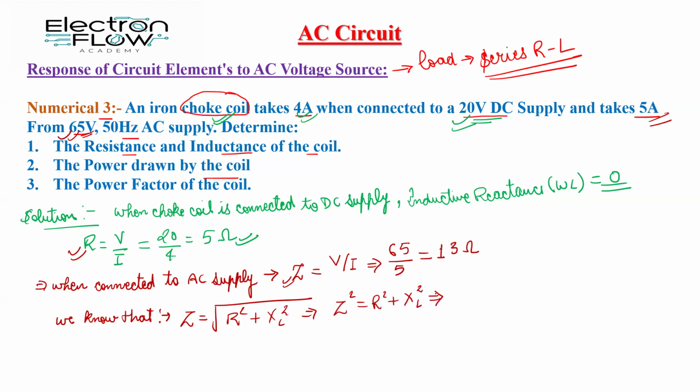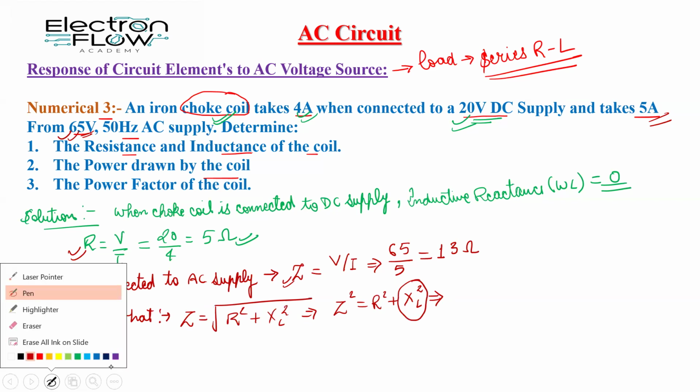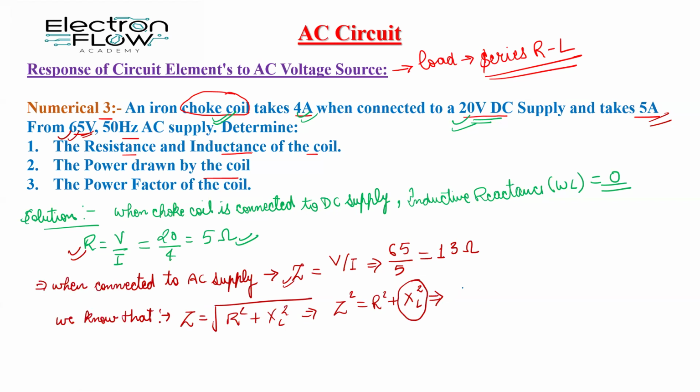So we have to calculate the value of XL with the help of this formula. XL is equal to the square root of Z square minus R square. After putting the values of Z and R, that is 13 square minus 5 square, the value of XL is equal to 12 ohm.